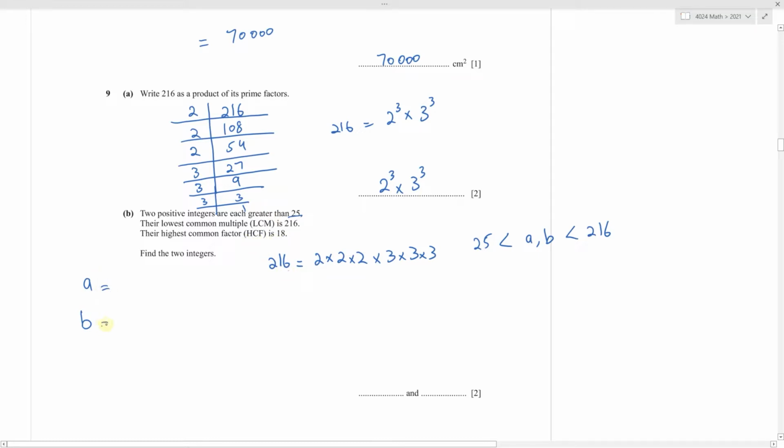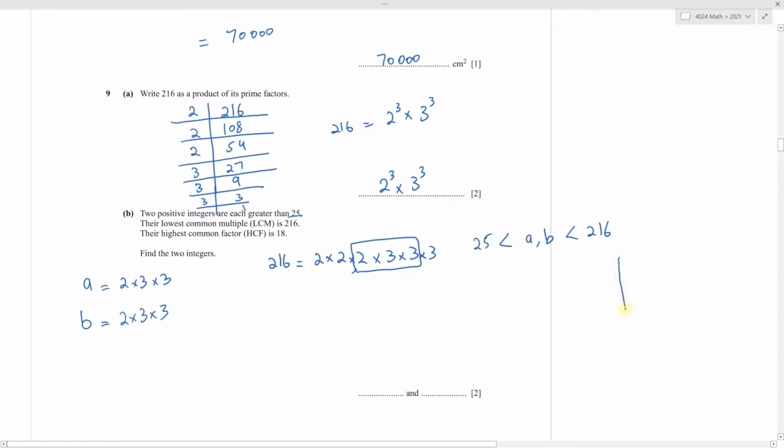That means if the highest common factor between A and B is 18, their prime factors should at least multiply up to 18, and we'll take 18 out of 216 because this is the LCM. So 2 multiplied by 3 multiplied by 3. I've taken out this portion because this is the HCF, the highest common factor, which is present in both A and B.